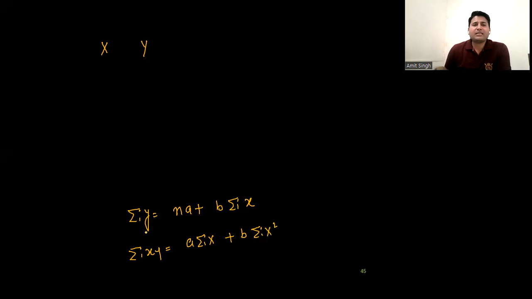So what do I need? Summation y is obtained from the second column, n is already given, summation x from the first one, summation xy. So make a column which is x into y, and make a column which is x square. So these are the four columns that we need.